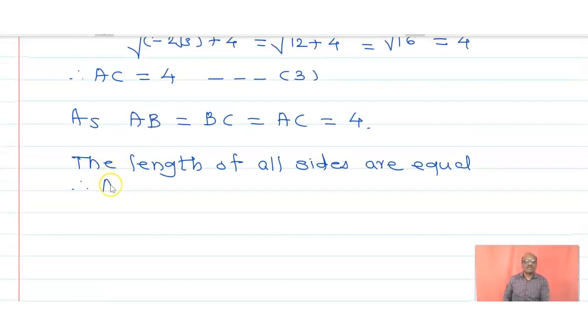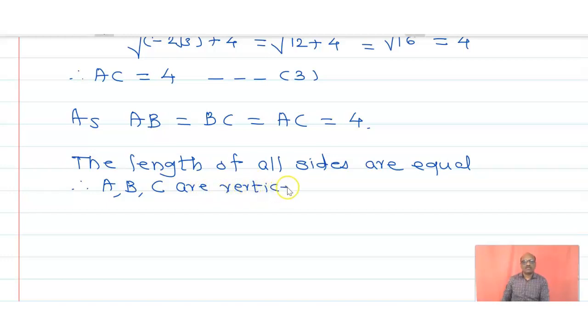Therefore A, B, C are vertices of an equilateral triangle. Okay.